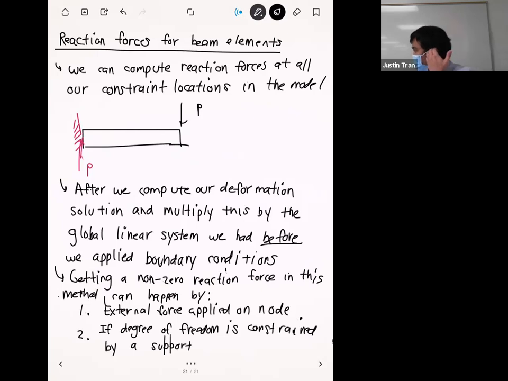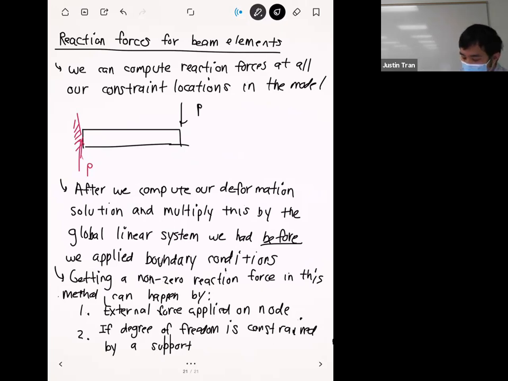And so if we were to compute the reaction forces in the previous problem, node 1 should have a reaction force on both of its degrees of freedom, because both u1y and theta 1 were constrained. And the other place where you could have a reaction force is on node 3, but only for the transverse deformation, not the moment.